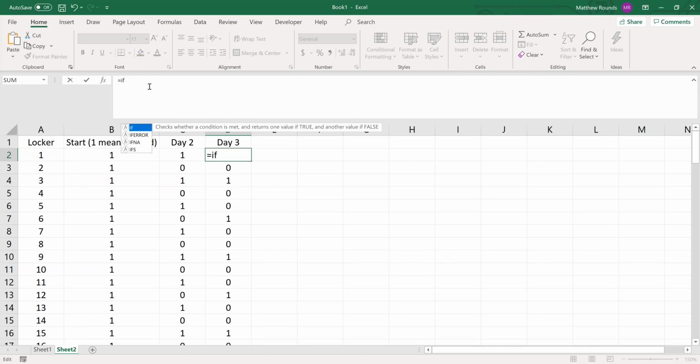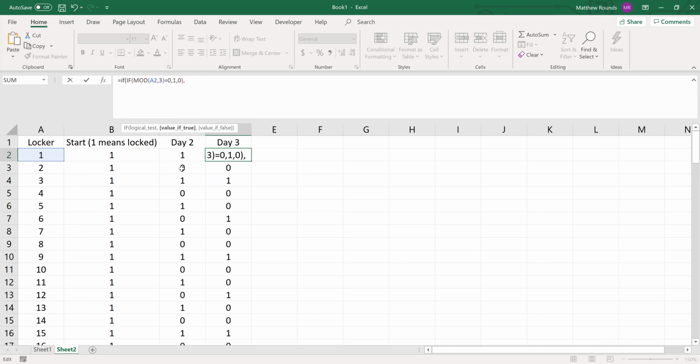If the thing that you just did is true, then what do we do? If this is the third locker, we want to change the state of the previous one. If it was a 1, we want it to go to 0. Otherwise, do nothing.